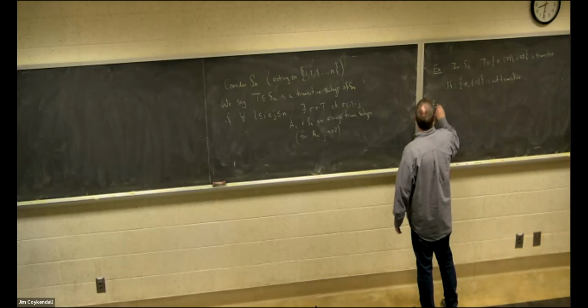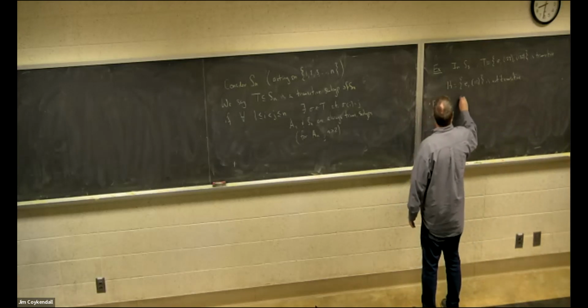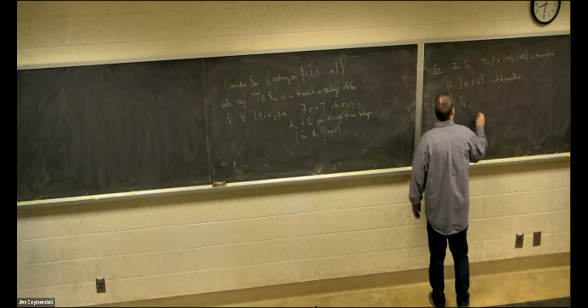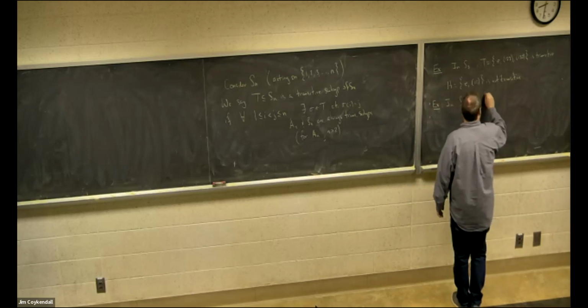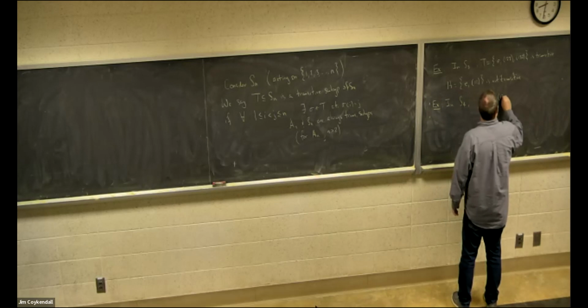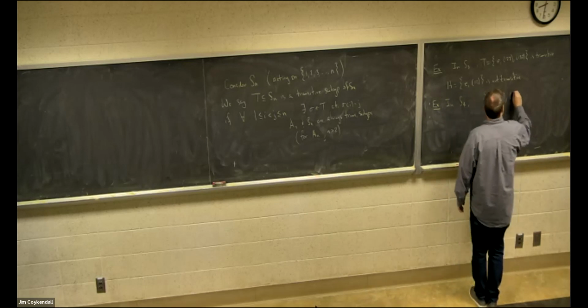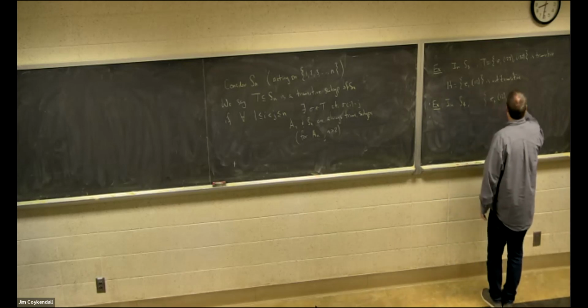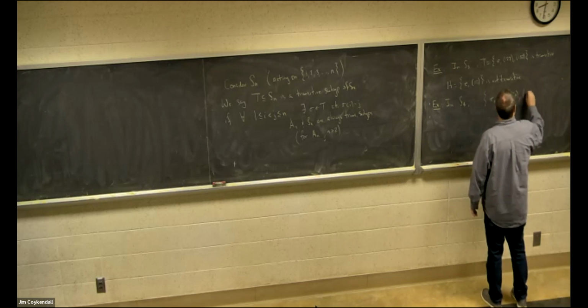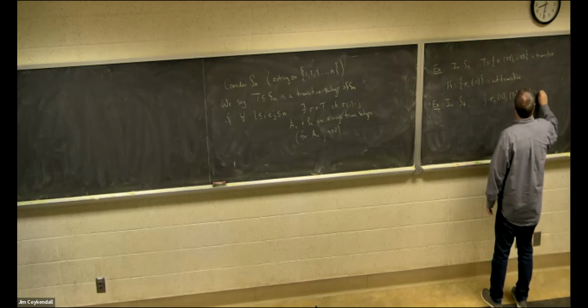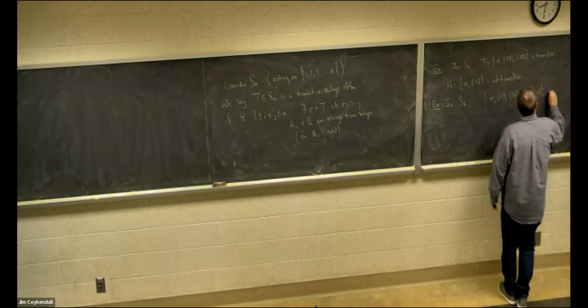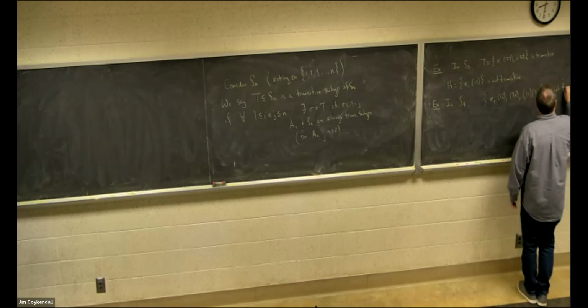Example. In S4, this subgroup, the identity with (1 2)(3 4), is not transitive.